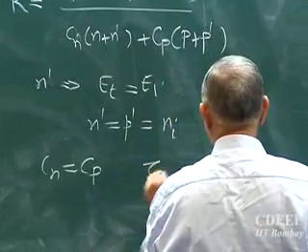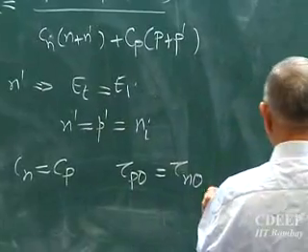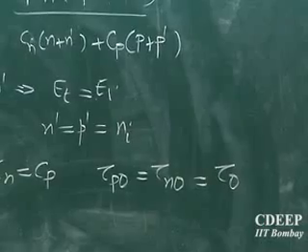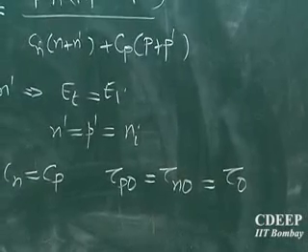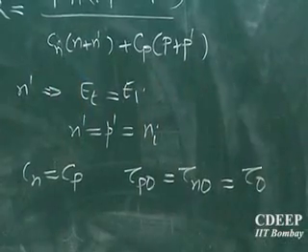We also assume tau p0 is equal to tau n0 is equal to tau 0. How much is tau? 1 upon Cn Nt is the tau.